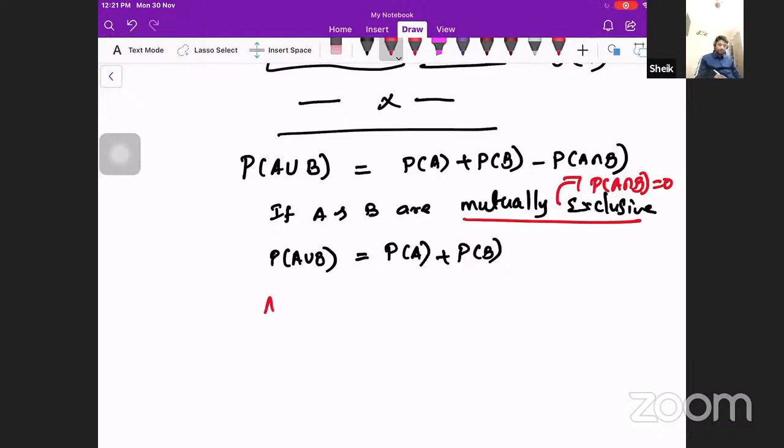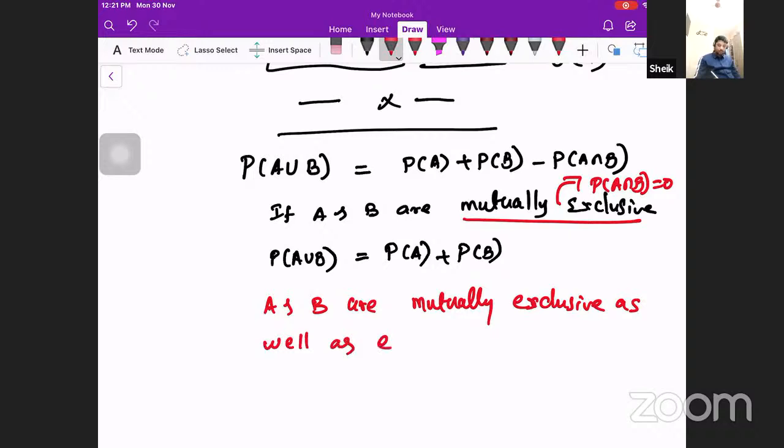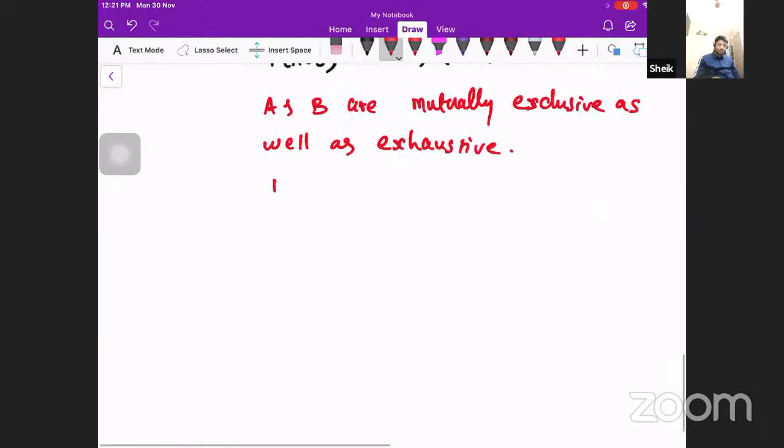Sometimes it can be like this also: A and B are mutually exclusive as well as exhaustive. These are very important MCQs, my dear. In this case, what is P of A union B?